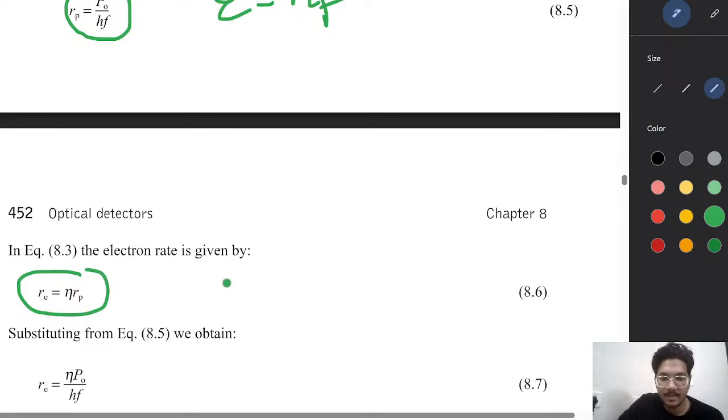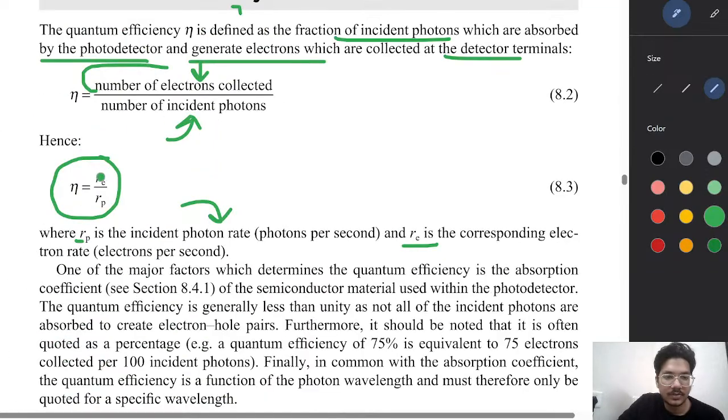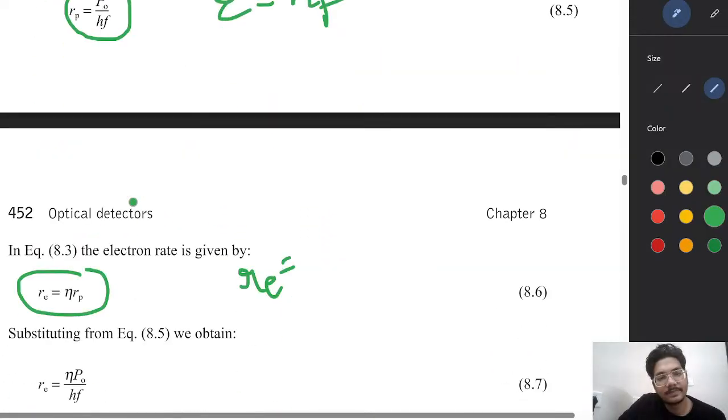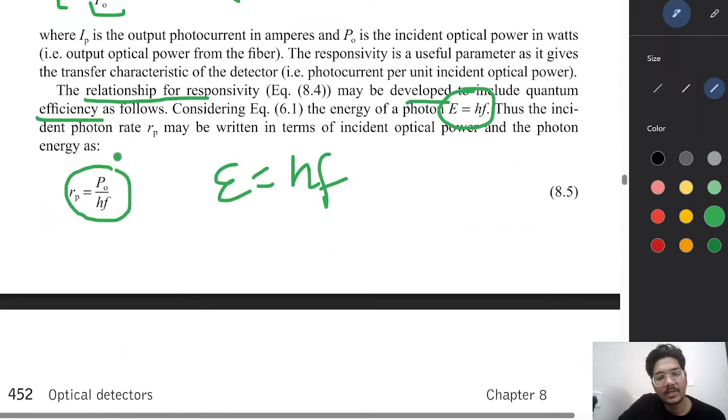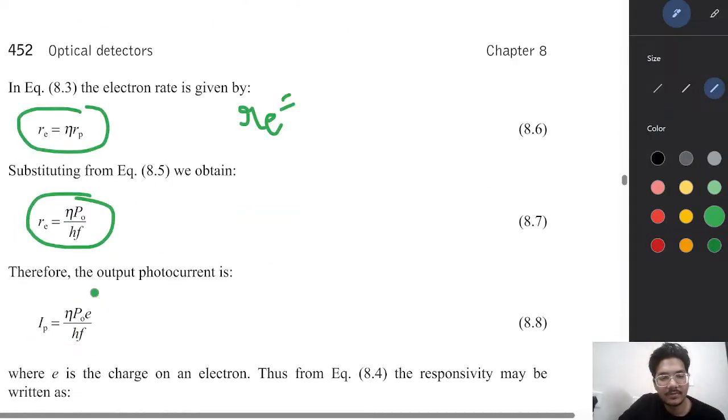As we discussed earlier, the electron rate divided by the photon rate is called eta, and we know the photon rate is P0 by hf. So we substitute the value from this one.